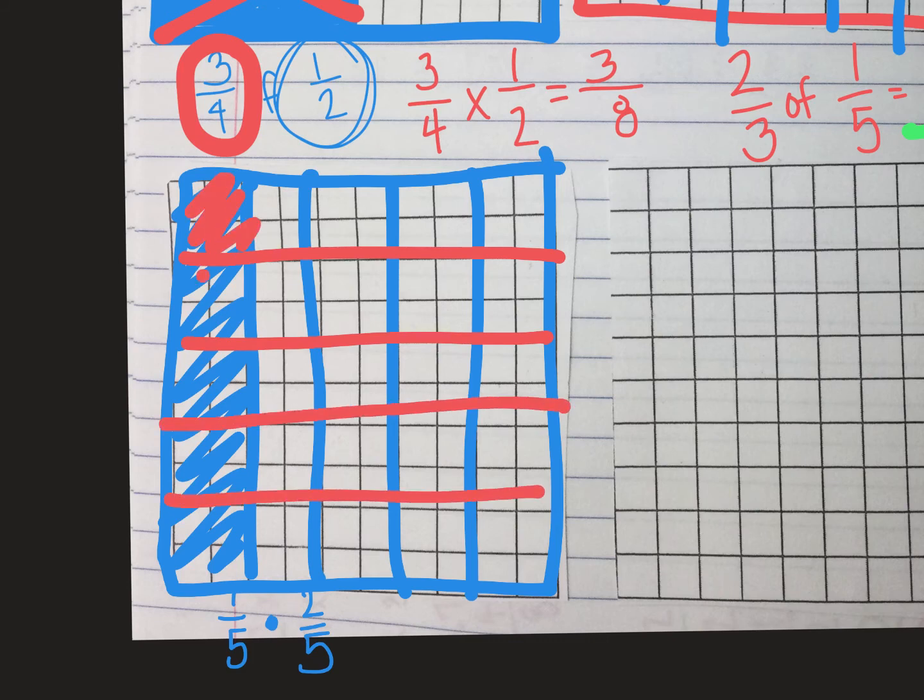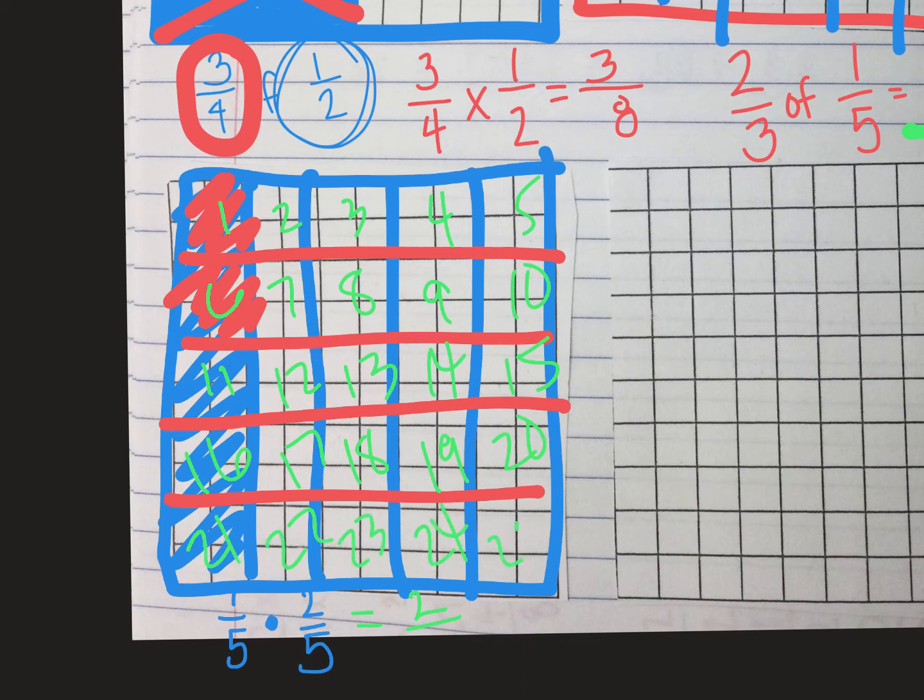So 2/5 of that gives me 2, and then I should have 1, 2, 3, 4, 5, 6, 7, 8, 9, 10, 11, 12, 13, 14, 15, 16, 17, 18, 19, 20, 21, 22, 23, 24, 25.